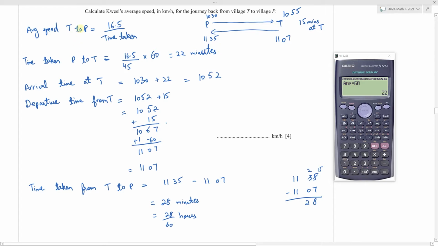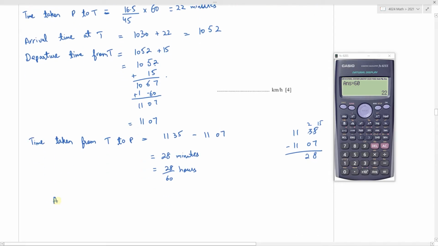Now that you have this time taken, you need to calculate the average speed. So the average speed from T to P is distance, 16.5 kilometers, divided by time in hours, which is 28 over 60. Then change it to multiply, taking the reciprocal.